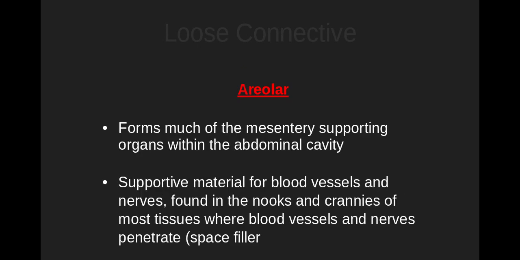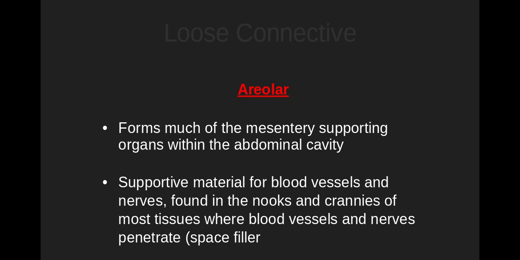The other function of the areolar is that it forms the mesentery. The mesentery is the tissue that supports our organs within our abdominal cavity. It has the blood vessels and nerves, and it's in all of the nooks and crannies of most tissues. The mesentery is what keeps all of your organs in place.